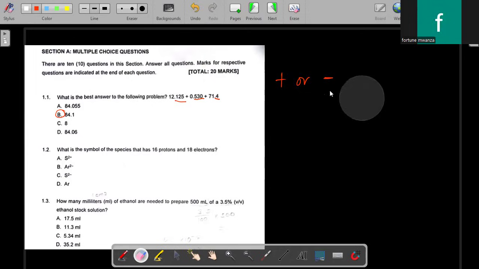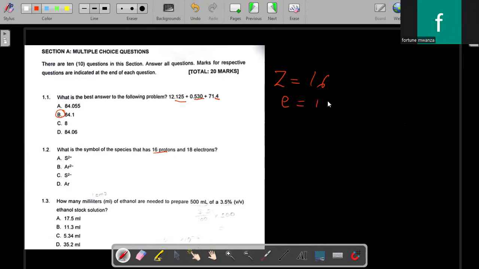Question number 2 says, what is the symbol of the species that has the proton number 16 and the electron number of 18? What you need to know is that for a neutral atom, or an element which has not lost or gained any electrons, the Z number, which is the proton number, is equal to the electron number.